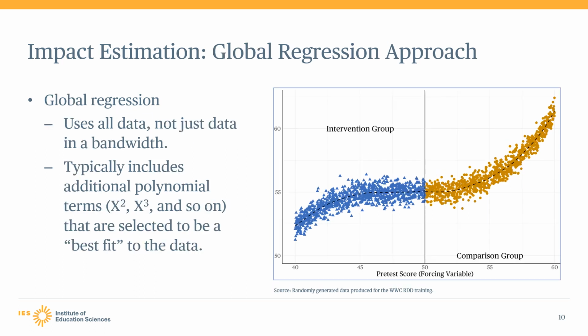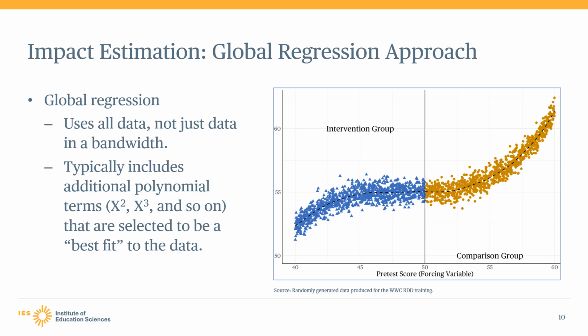Rather than using local regression approaches for impact estimation in RDDs, researchers may instead choose to use all observed data in impact estimation models. This means that rather than estimating regression models locally within a bandwidth, the researchers instead estimate regression models globally using all available data.